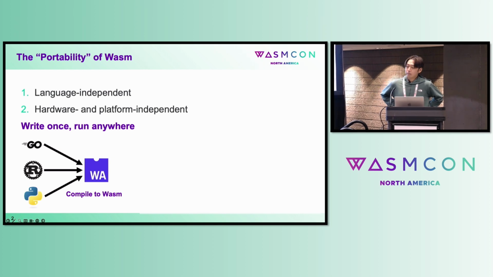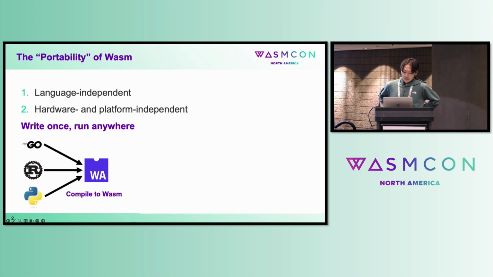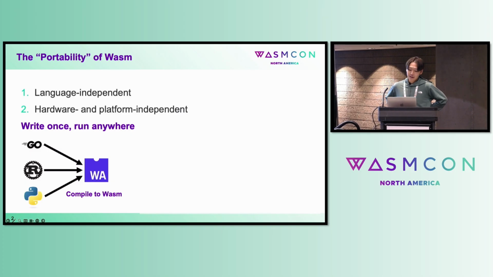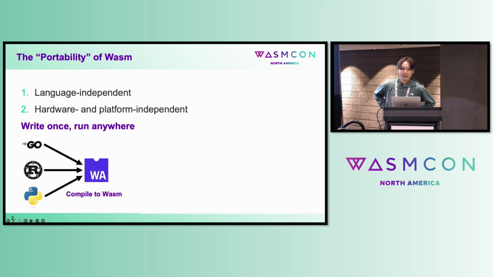As you might know, portability is one of the key concepts of Wasm, which is achieved by two natures of Wasm bytecode. The first is language independent. Wasm bytecode is independent of specific languages, allowing programs written in any language to be compiled to Wasm bytecode.